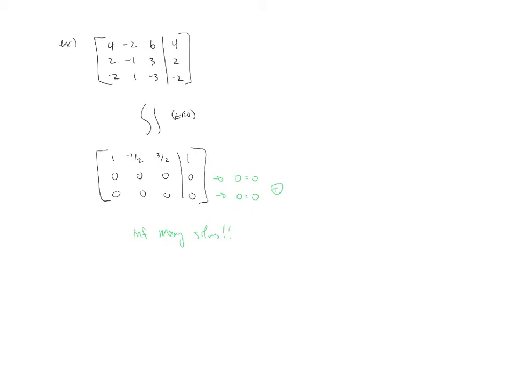Notice how we have 2 rows of zeros. 2 rows of zeros means something different than having 1 row of zeros. So let's handle the case that we have in front of us where we have 2 rows of zeros, which does imply infinitely many solutions.